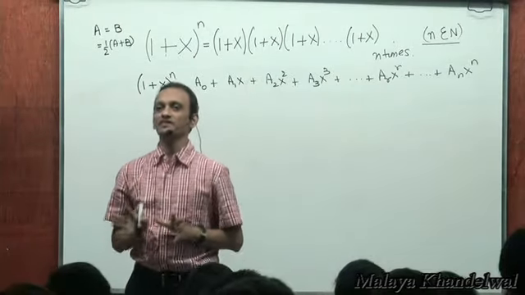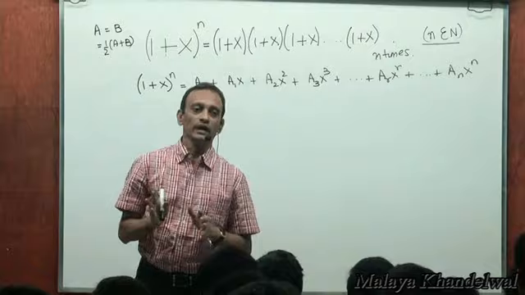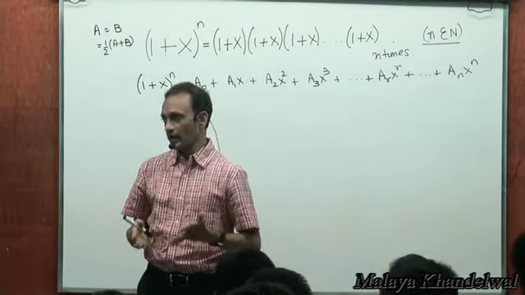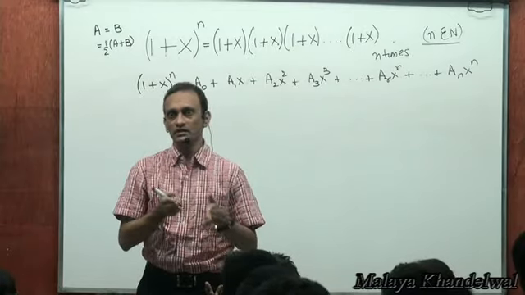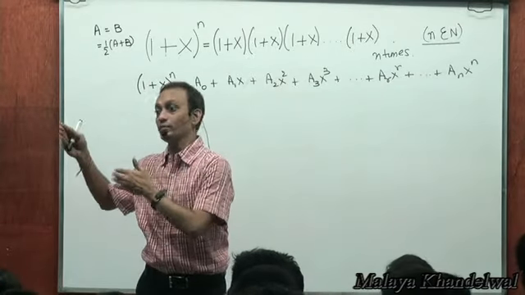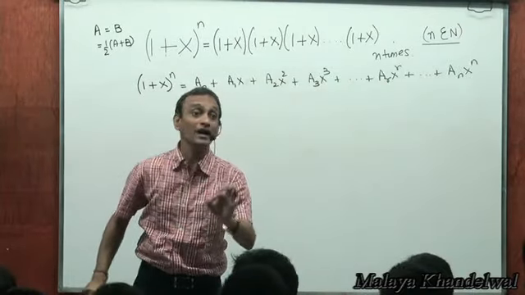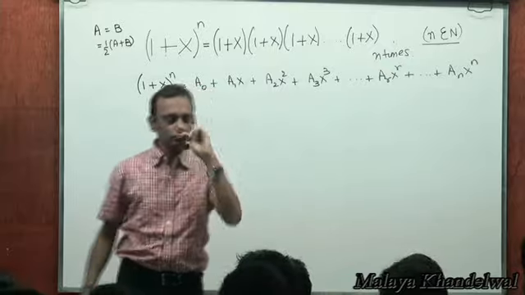Some basic properties that we arrived at. One was a naught plus a1 plus a2 plus an turned out to be 2 to power n, and a naught plus a2 plus a4 etc. will be equal to a1 plus a3 plus a5. Each will be 2 to power n minus 1, right?